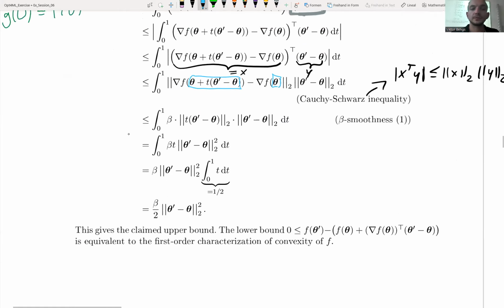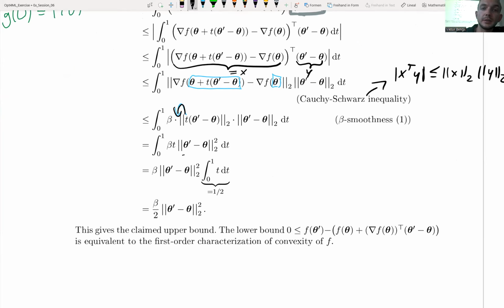Okay, and then we have here the t, which we can write in front of the Euclidean norm. We have then 2 times the same Euclidean norm, so that we get the squaring here.